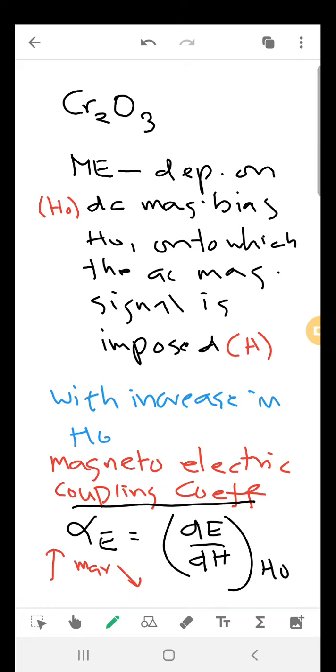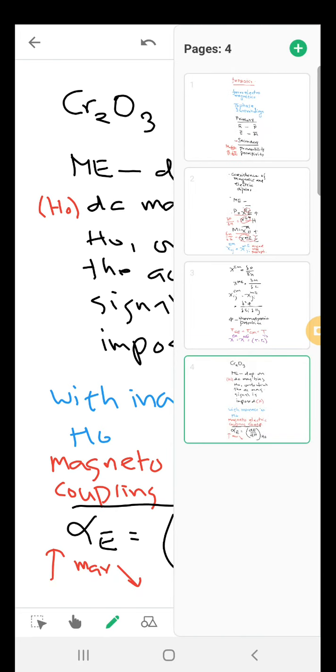Now, ferroelectromagnetic materials exhibiting the magnetoelectric effect can be classified into, so FEM, we call it ferro or FME, magnetoelectric materials.